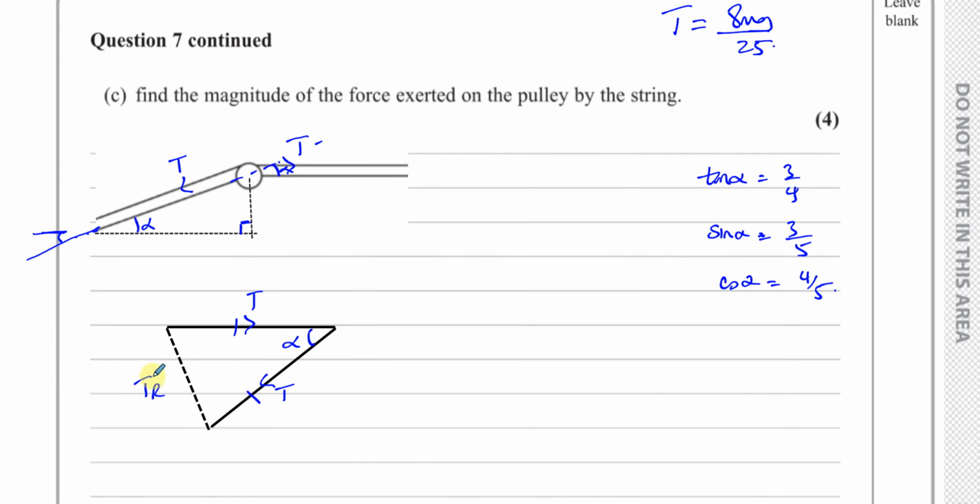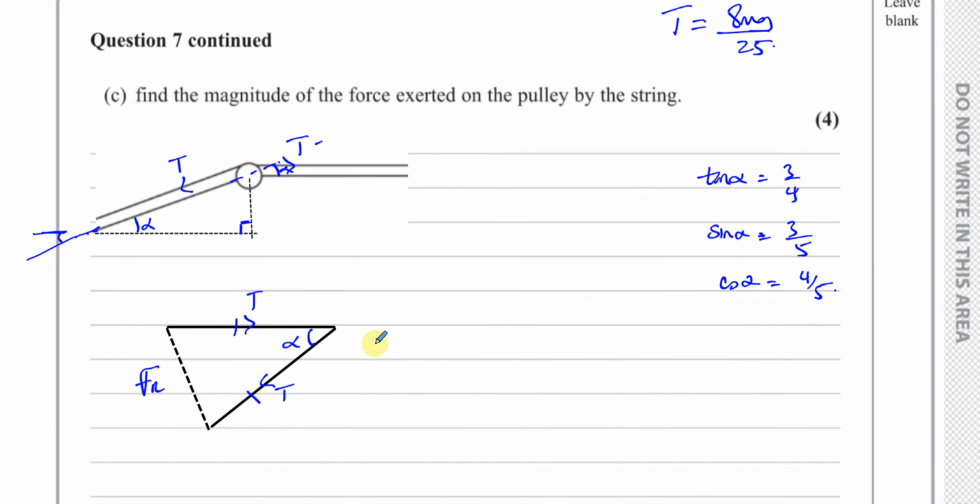So to find the resultant force, let me call it FR, I can use the cosine rule here, because I know these two lengths, and I know the cosine of the angle, 4/5.